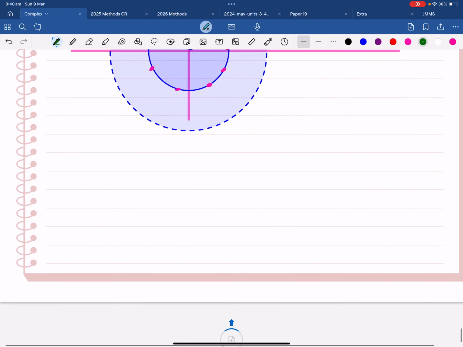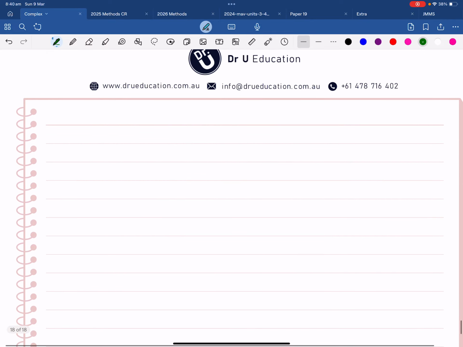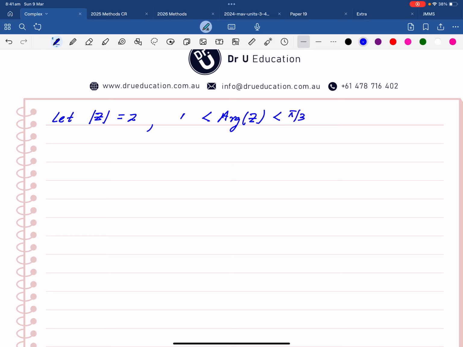That restriction, I will go to the next page. That restriction is this. Let z mod is equal to 2, and I would say arg of z, right? Arg of z less than pi divided by 3, greater than pi divided by 6.